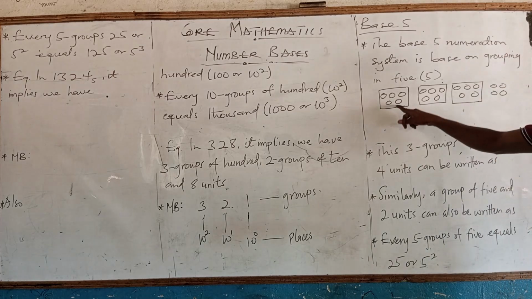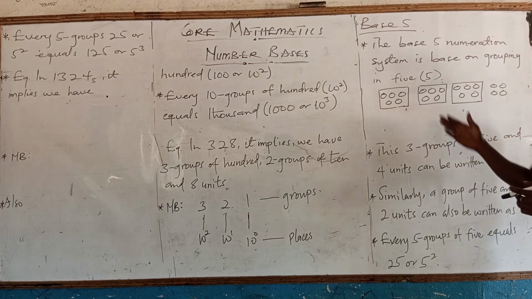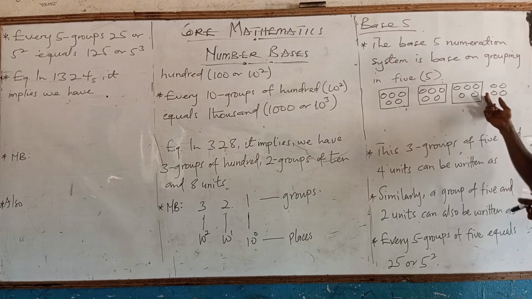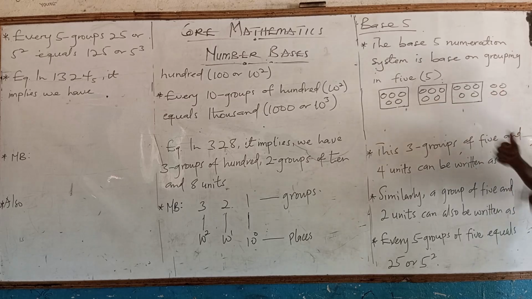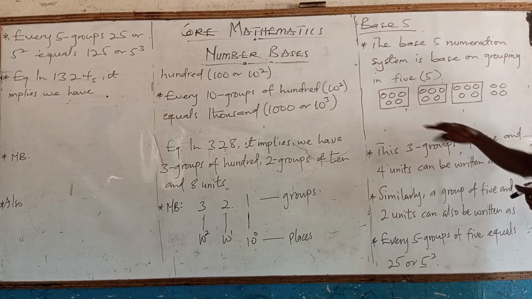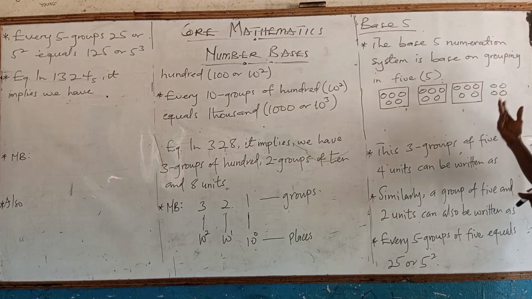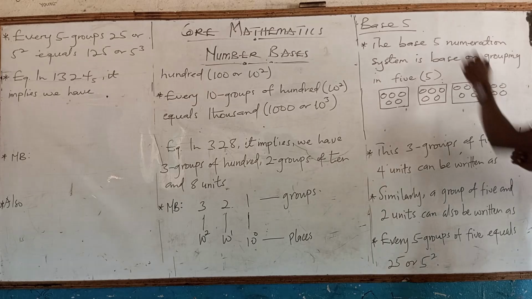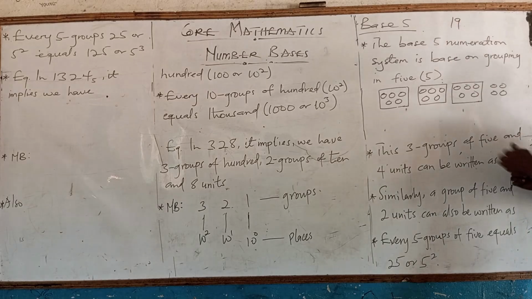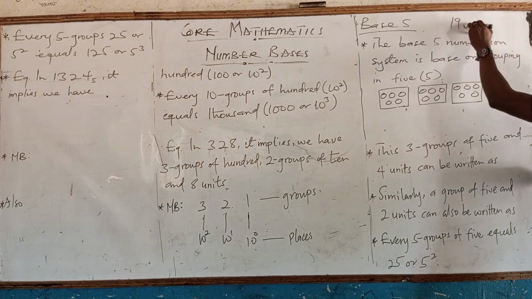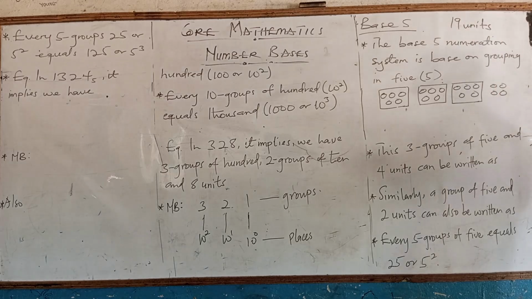So this one is a group because it's up to 5, this one too is a group up to 5. But this one is only 4 units. So when we sum them up, we have 15 and 4, that is 19. So we have 19 units.